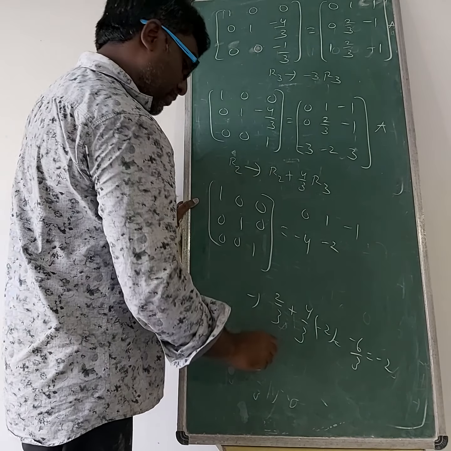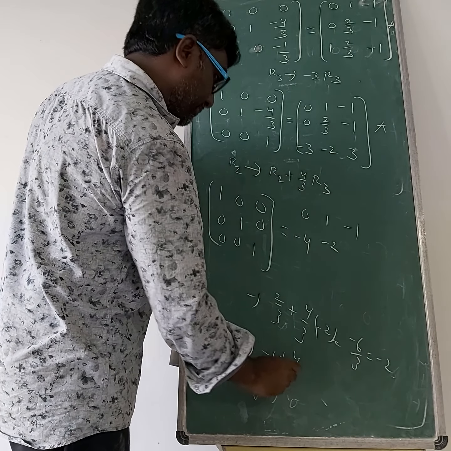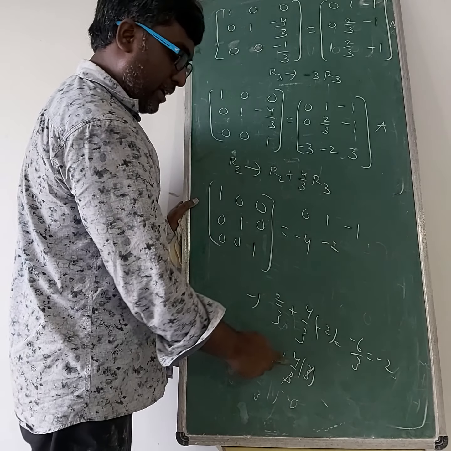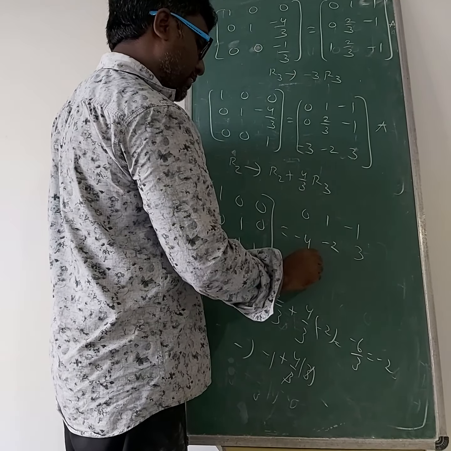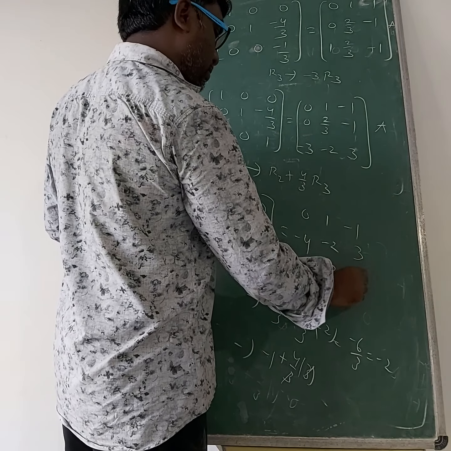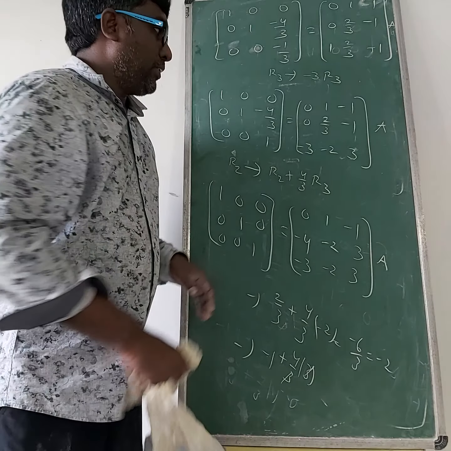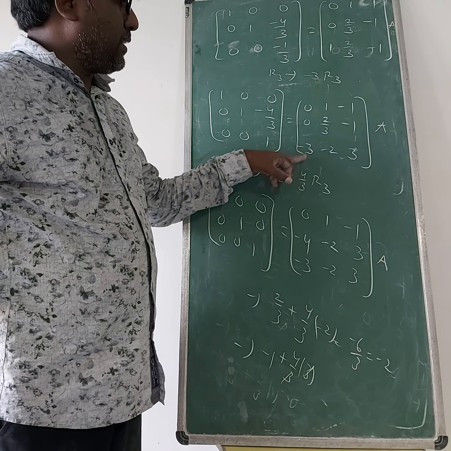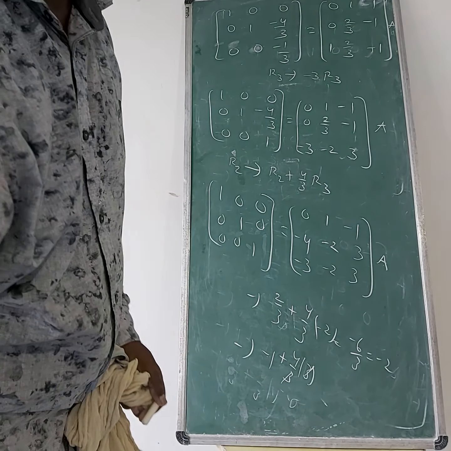This one: minus 1 plus 4 by 3 into R3 value 3, 3 3 cancel, minus 1 plus 4, 3. This value as it is, minus 3, minus 2, 3 into A. 0 plus 4 by 3, 3 3 cancel, minus 4. Okay. Now this is your answer.